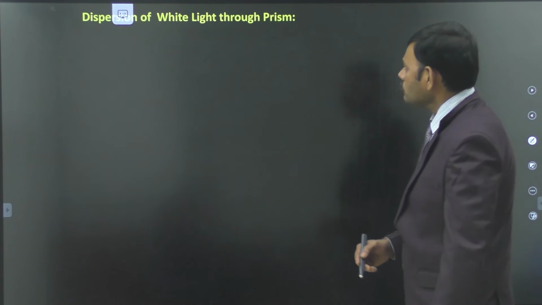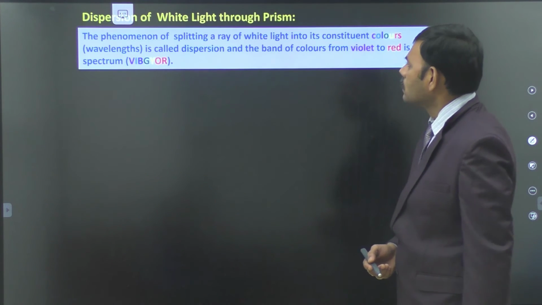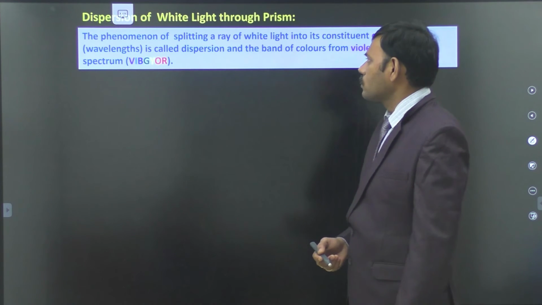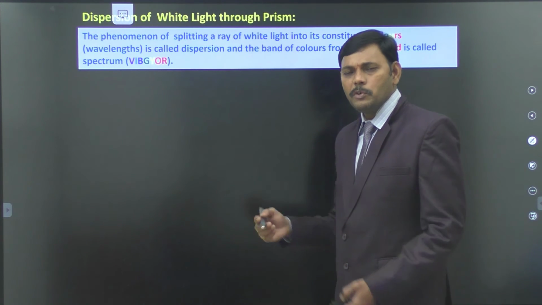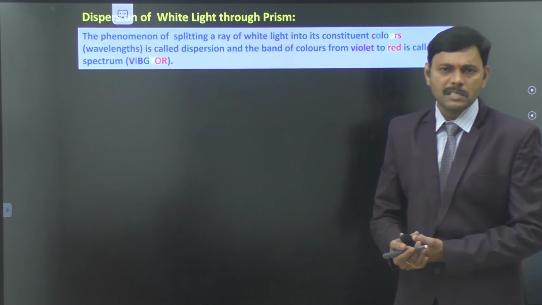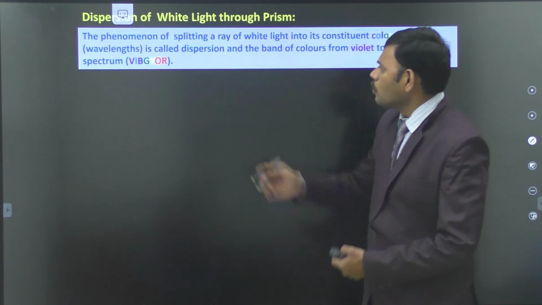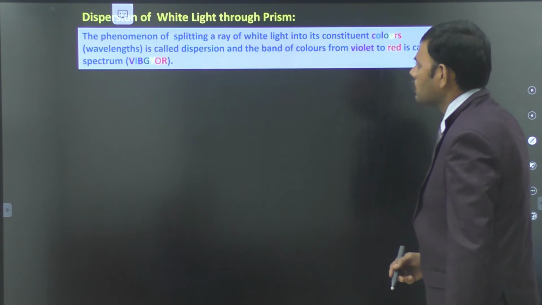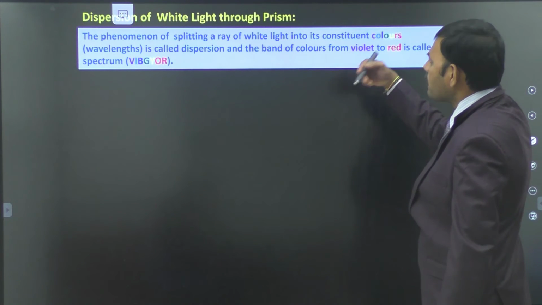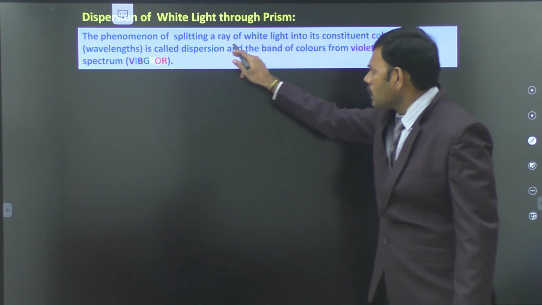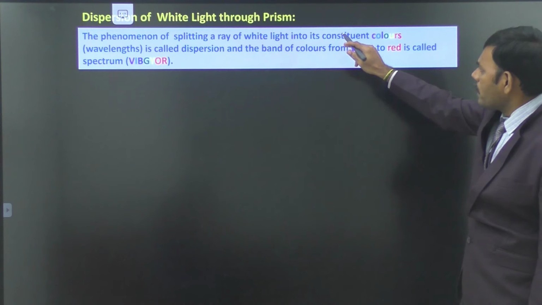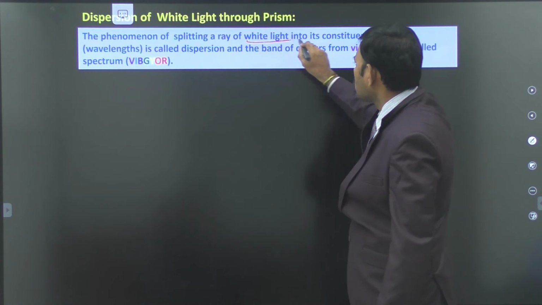Now we discuss dispersion of white light through the prism. We use the formula delta is equal to A into (mu minus 1) to understand the dispersion of white light through the prism. What is meant by dispersion? It is the phenomenon of splitting of a ray of white light into its constituent colors. Here this is white light.